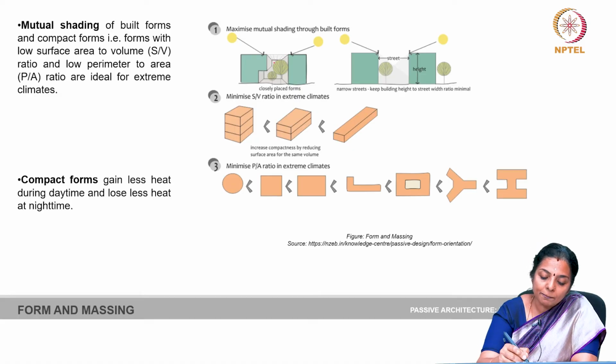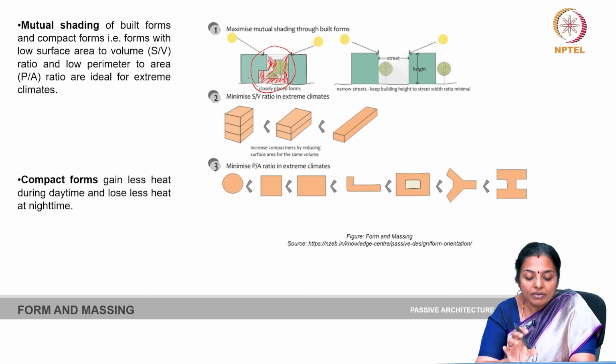So, if you see, all these surfaces are shaded either mutually or with the help of vegetation, and therefore the harshness of the outdoor will not be felt here because these are closely placed forms.